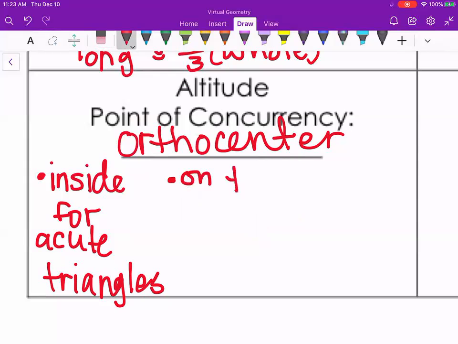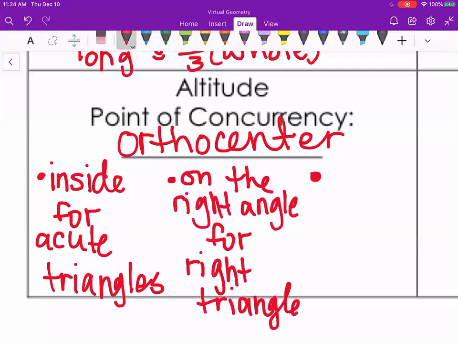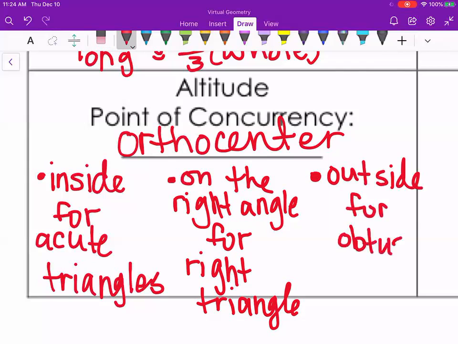So on the right angle for a right triangle. And then our last one, outside for obtuse triangles. And again, that's just for the orthocenter.